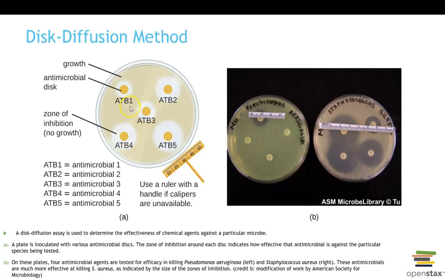Then you can put them on different parts of the Petri dish. After 1 or 2 days, you can measure the zone of inhibition, so you can see the clear area that inhibits the growth of the bacteria or kills the bacteria in that area.